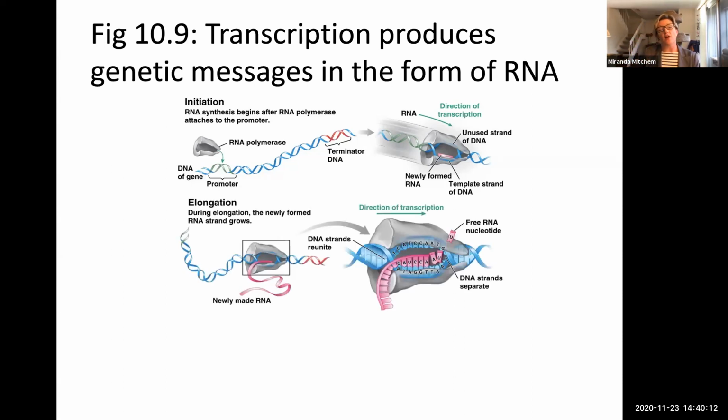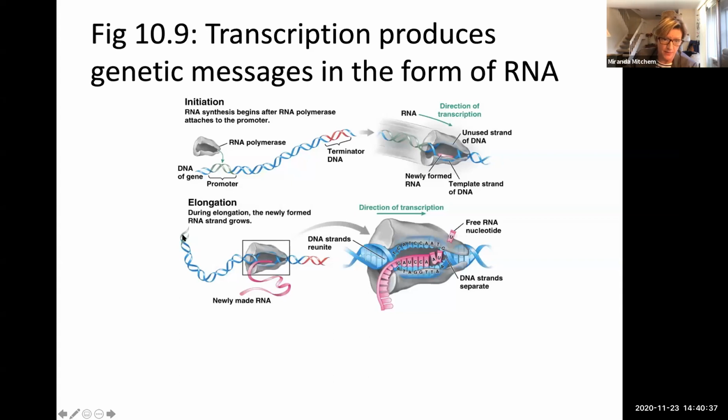Next comes the elongation step. And that just means that we're adding in 1 nucleotide at a time. We are making each codon as the DNA moves through. So here's our RNA polymerase.